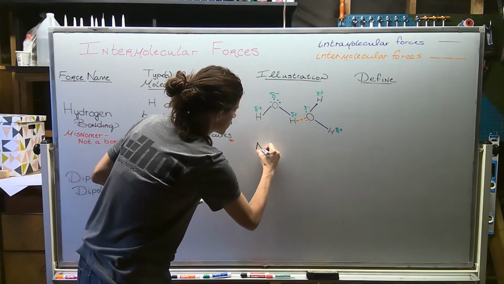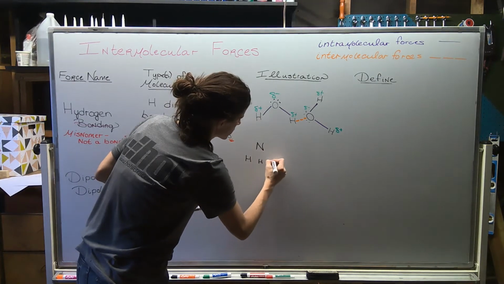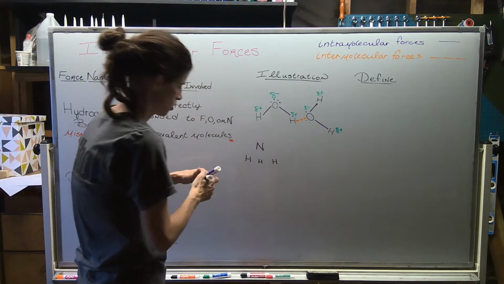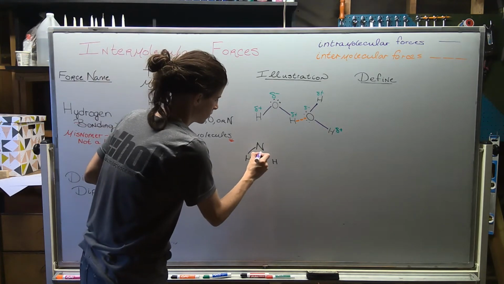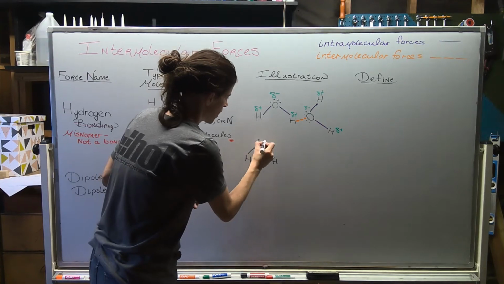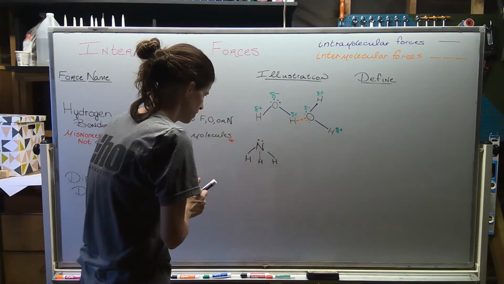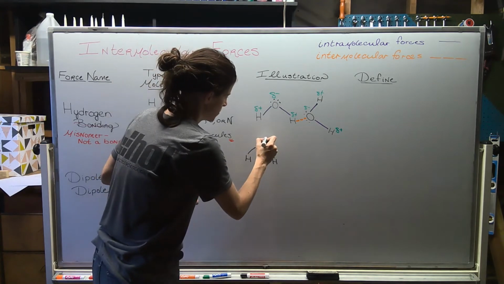Ammonia would exhibit hydrogen bonding by itself because it has the H directly bonded to the phone. So if something can exhibit hydrogen bonding by itself, then it can also exhibit hydrogen bonding in a mixture.